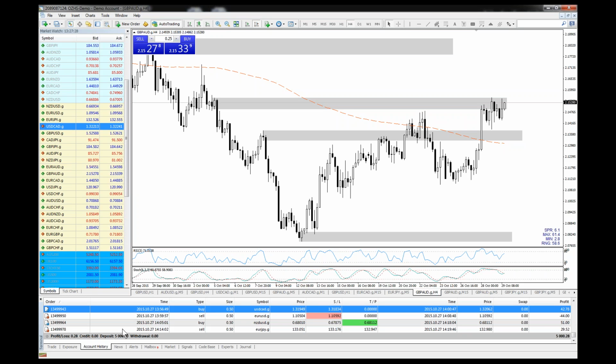This is only a $5,000 account, so trading a standard lot is quite a bit outside of the normal money management teachings, and I'm very, very well aware of that.